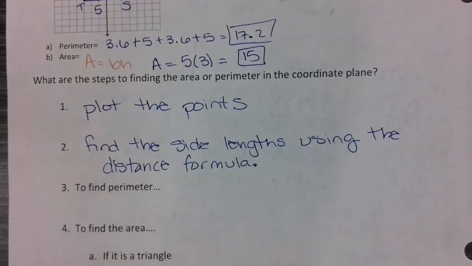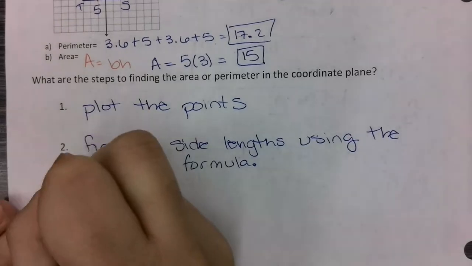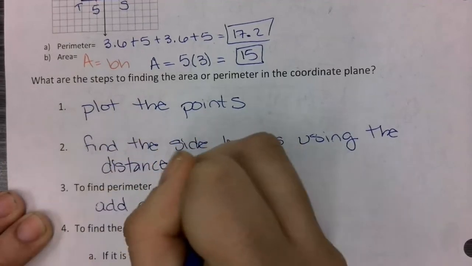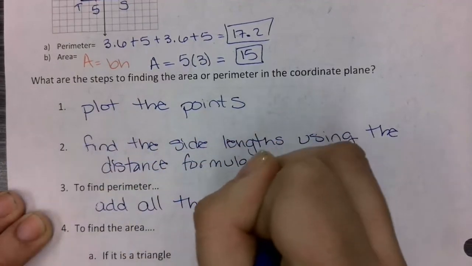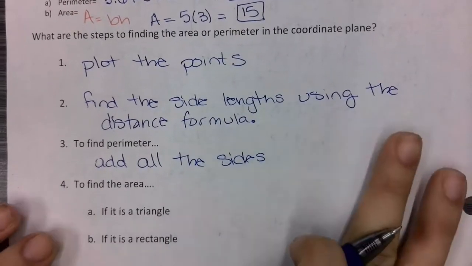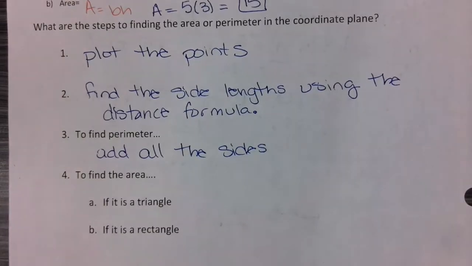So to find the perimeter, what do I need to do? No matter the shape. Add all the sides. And what were my area formulas?